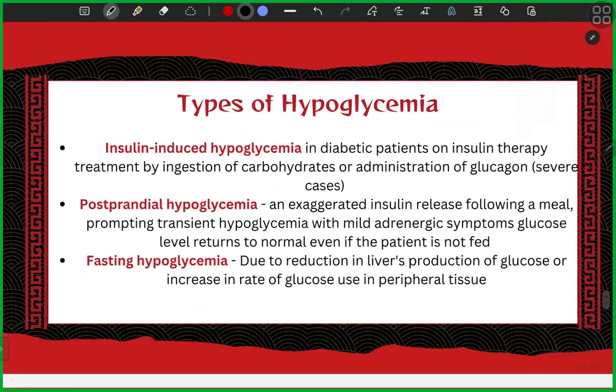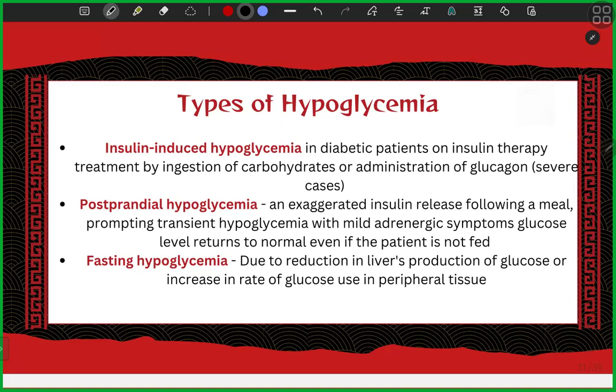Now the types of hypoglycemia. You have insulin-induced hypoglycemia. Why does this happen? Because if you have more insulin, your blood glucose goes down, and because of this you eventually have hypoglycemia. The next one is postprandial hypoglycemia. I think you took this term in GIT.